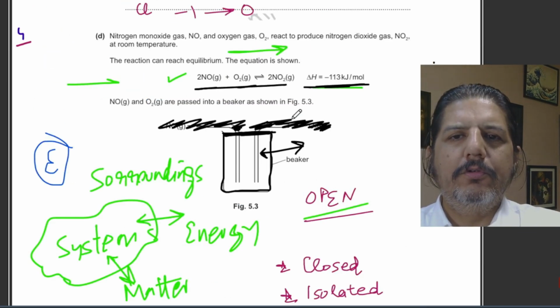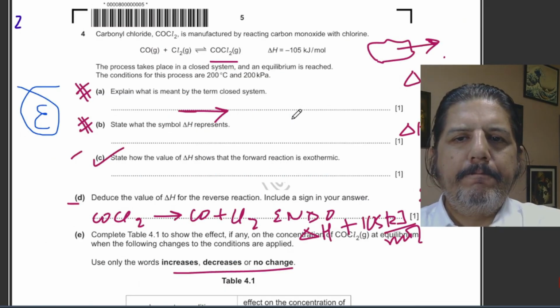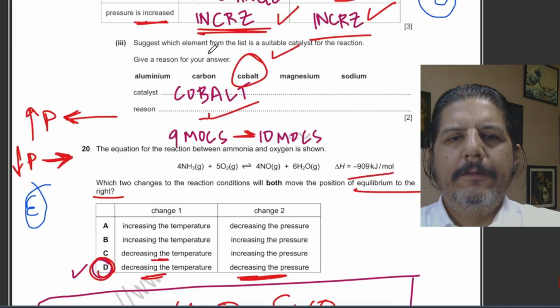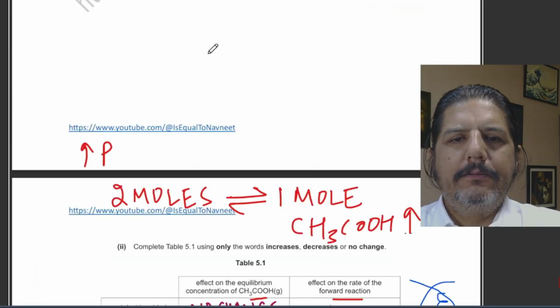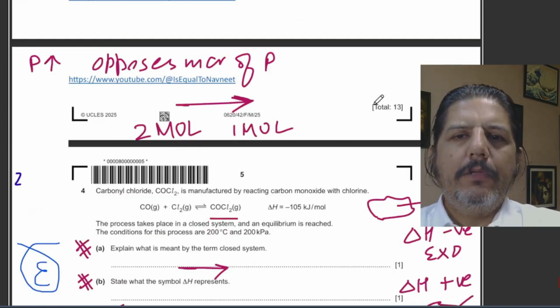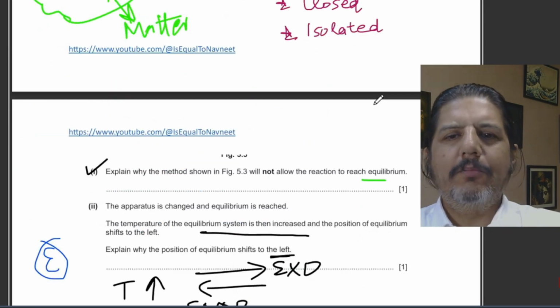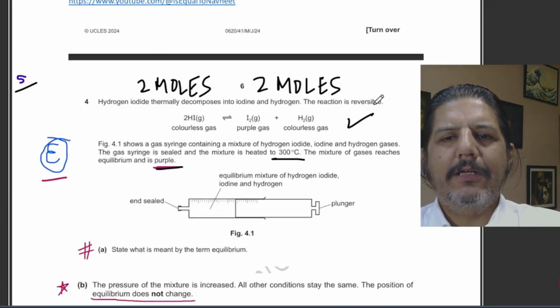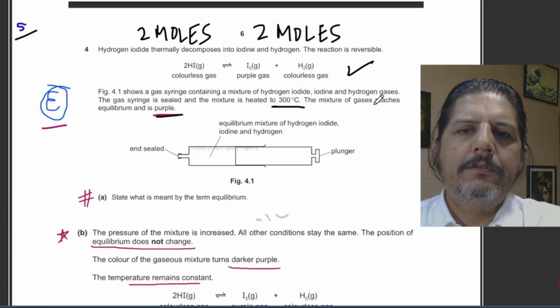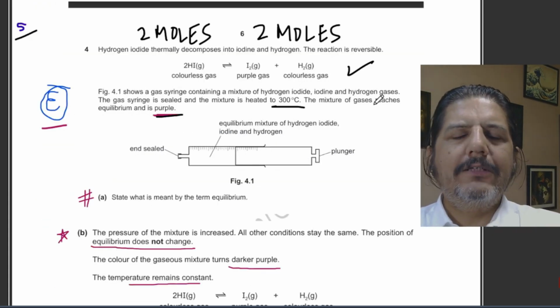So 3 moles, 2 moles, or 2 moles, 1 mole. But in this equation, the number of moles on both sides are the same.